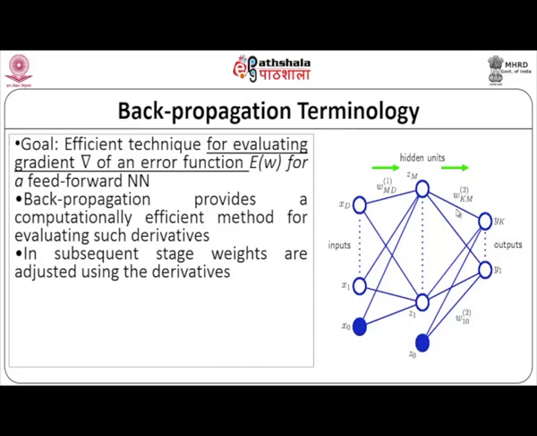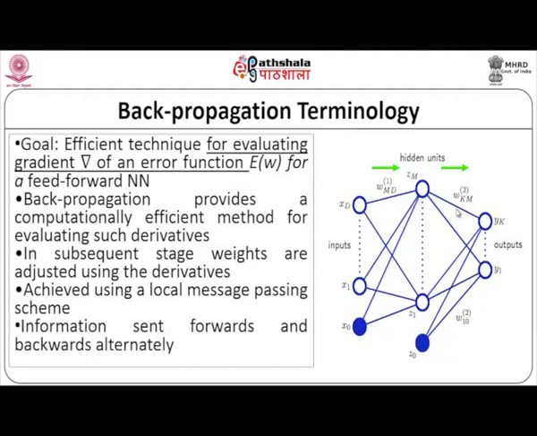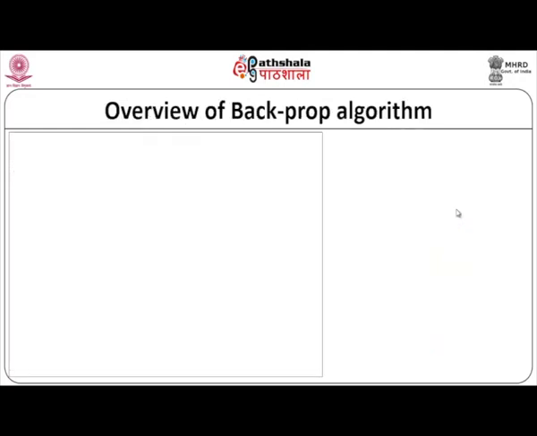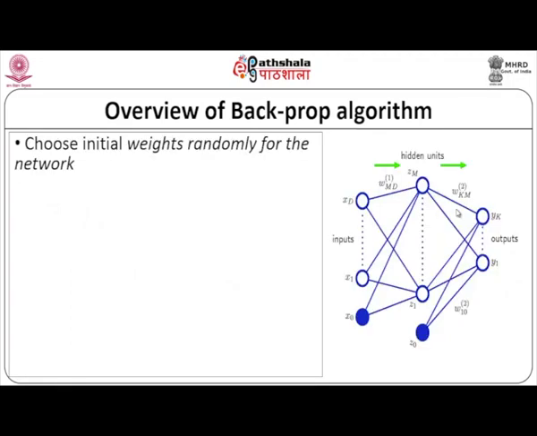So, we use weights to find the derivatives, then we try to minimize the error by adjusting the weights. This is achieved using a local message passing scheme. Information is sent forwards and backwards alternatively. So, now we have a method where the feed forward network has changed, where the signals go in both directions.